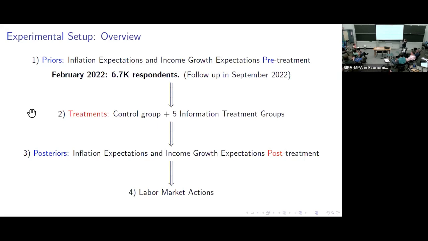And then in the second step, we're going to randomly assign our respondents into 6 different groups. There's going to be a control group and 5 different information treatment groups. Then we're going to collect everybody back together, and we're going to re-ask them the posterior expectations, both on inflation and income growth. And we're also going to ask them about some labor market actions.